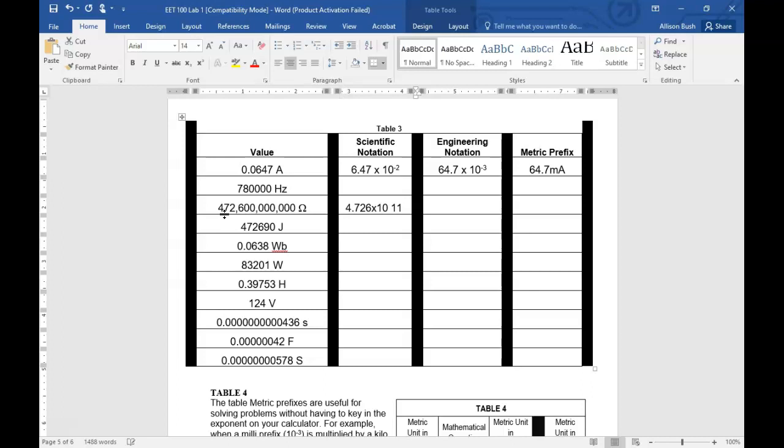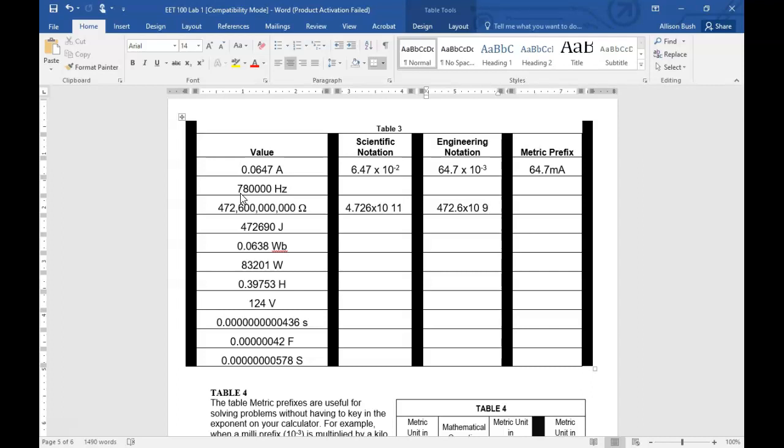So when we go to engineering notation, what should it be? Again, I don't know how to make it do the nice little exponential thing, so make it just look like that.